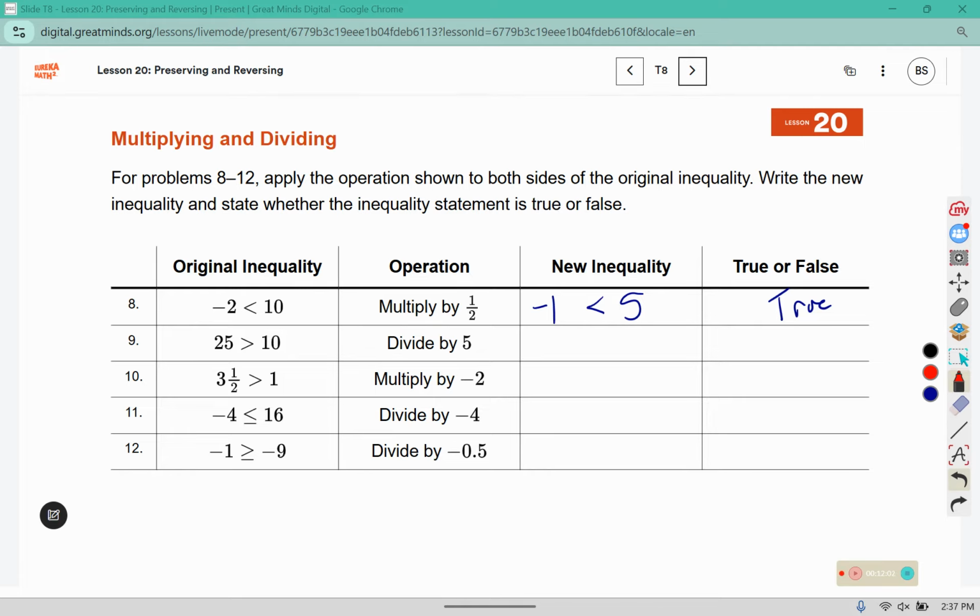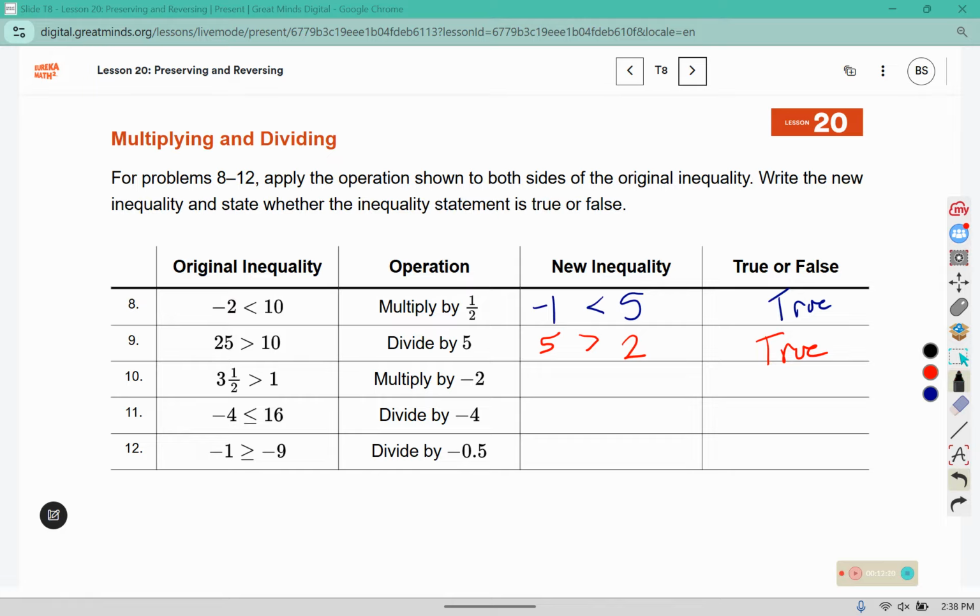Divide by 5. 25 divided by 5 is 5. 10 divided by 5 is 2. And our symbol faced that way. Is 5 greater than 2? Yes, 5 is bigger than 2.